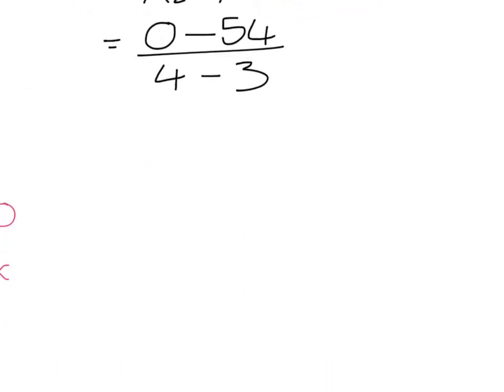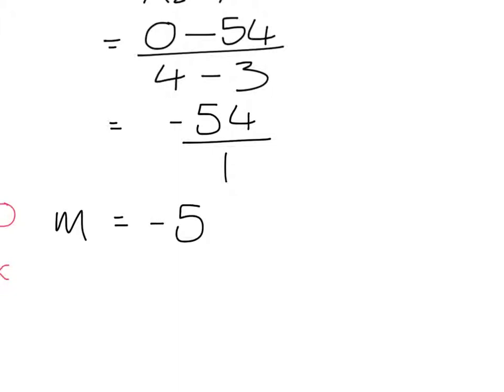Move this up, which then gives us negative 54 over 4 minus 3, which is 1, which means that m equals negative 54. So now that we know m, we can substitute back into the formula m equals tan theta. So we'll write that down again.